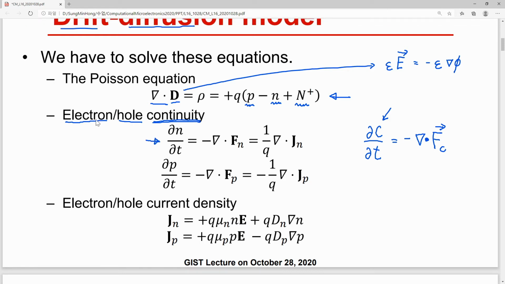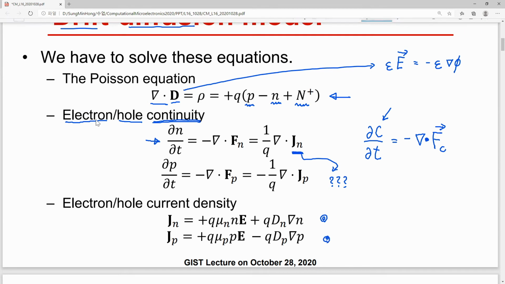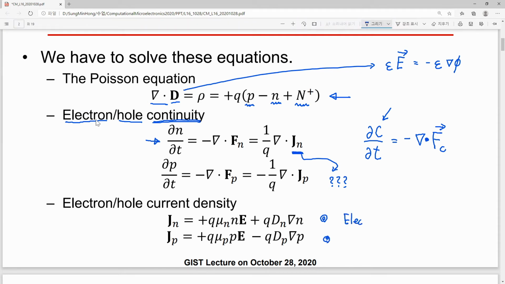And a question still remains. In order to obtain the information about electron density, we have to solve the electron continuity equation. However, here we have a new vector called electron current density. What does it look like? It is shown here, for electrons and holes.